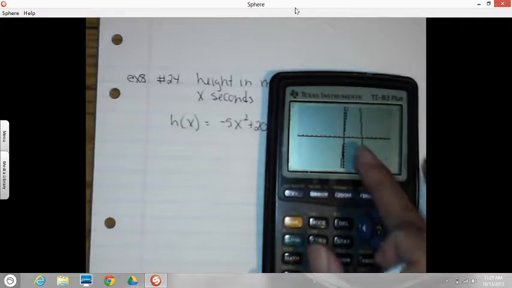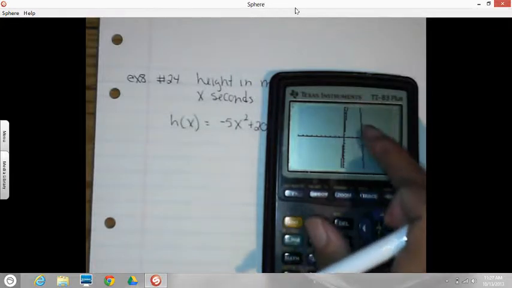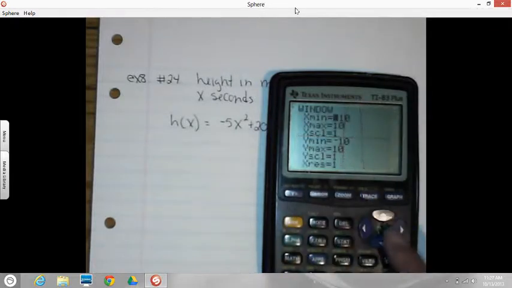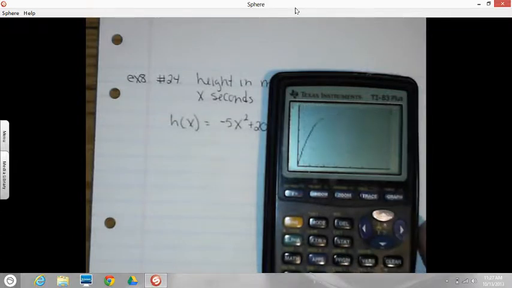Okay, this is the part where we want to see it, so I'm going to change the window a little bit. 0, probably 7. The y, 0, that went up a little higher. How high can he throw his book up in the air? How mad is he? 25? Let's see. Oh, yeah. Okay, there goes his book.